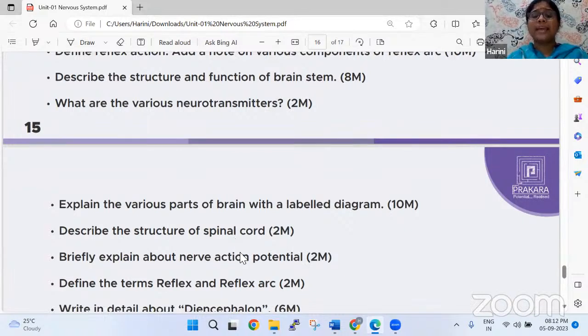Next comes explain about nerve action. This is a similar question. See here, they asked you to describe the spinal cord for only 2 marks. Maybe you cannot write extensively, so based upon the weightage, also try to decide how much time you need to maintain for that question.